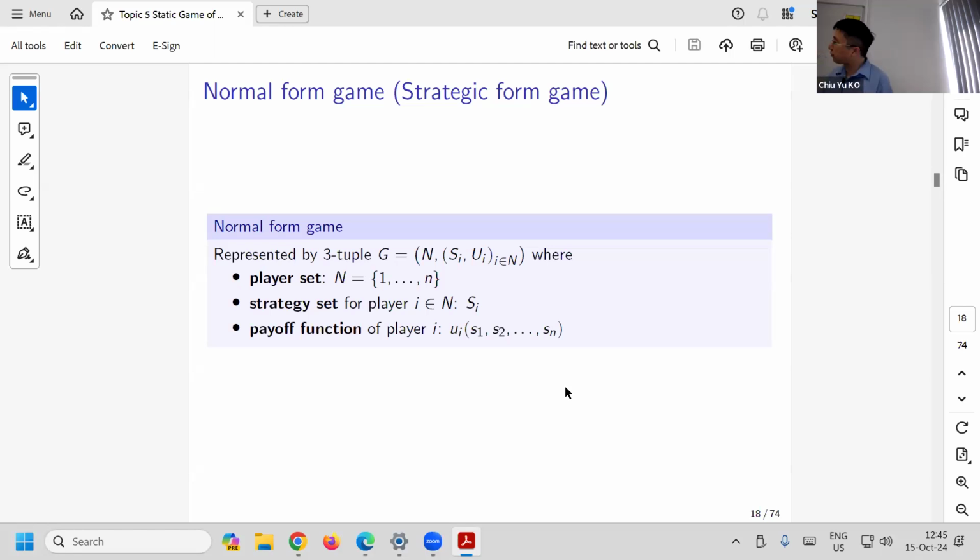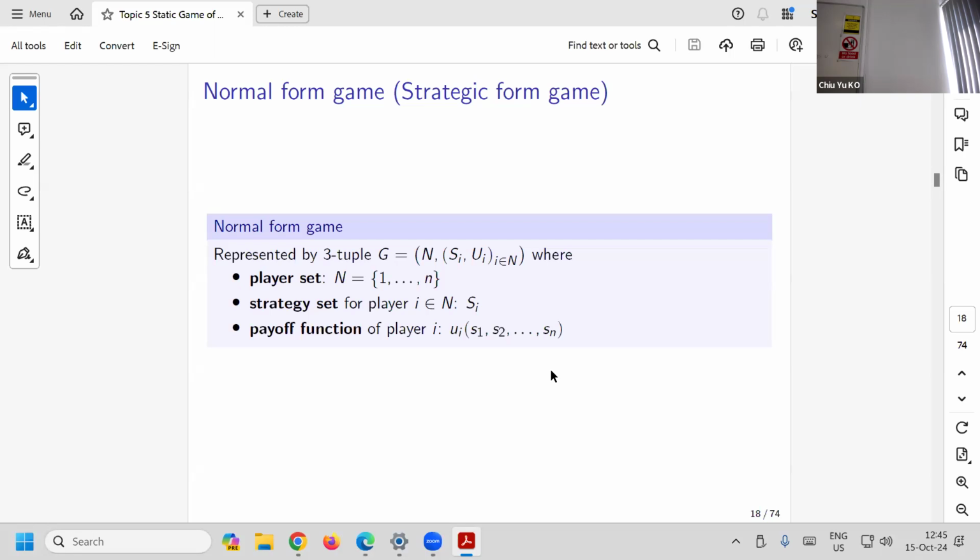Even though some papers don't write it formally, you should at least let the reader know these 3 things in verbal terms: who the players are, what they can do, and what the consequences of what they are doing are. Do it informally if you must, but you have to fully describe all possible strategy profiles and how they map to the payoff.